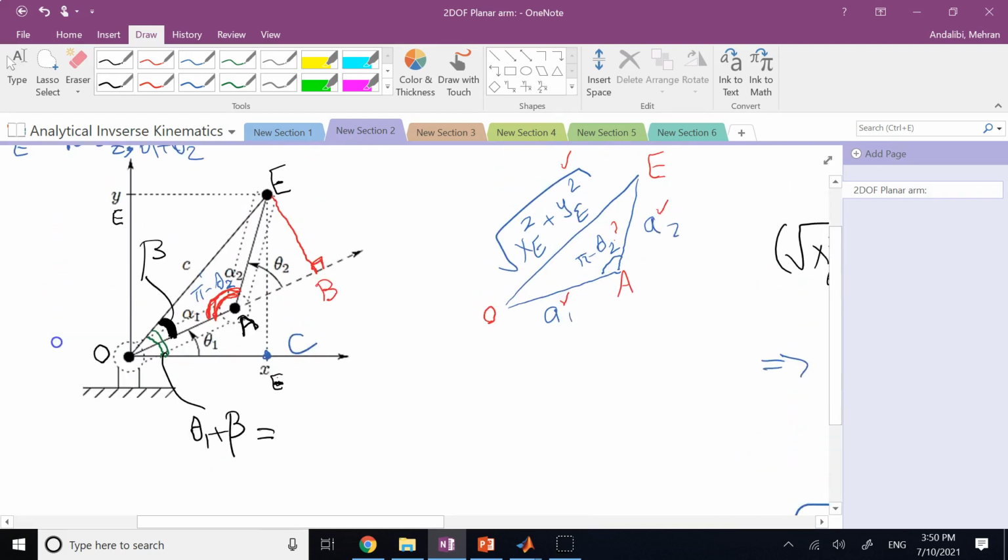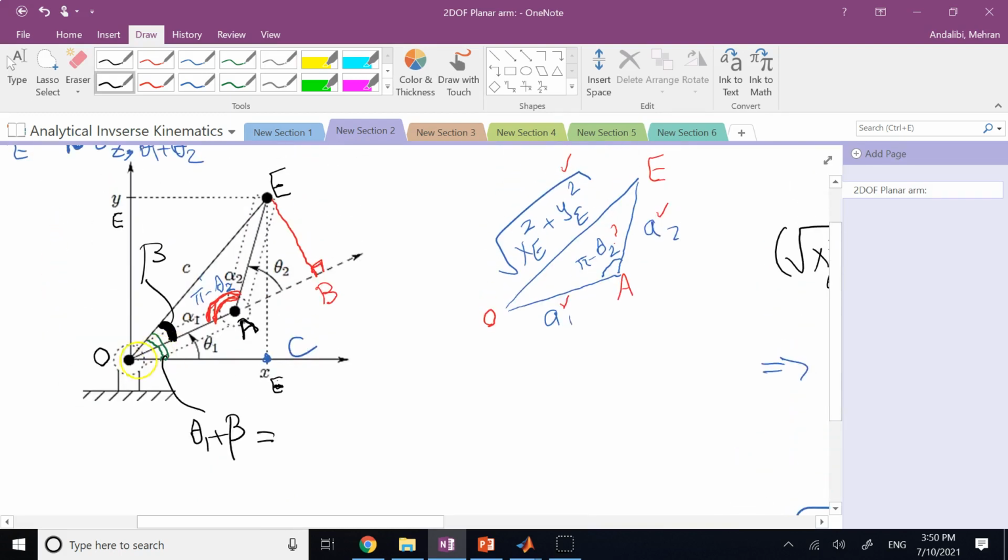And the answer is clear. Sure I can. If I look at the triangle OEC, the same triangle we found this hypotenuse from, the side in front of it is y of e, the side adjacent to it is x of e.